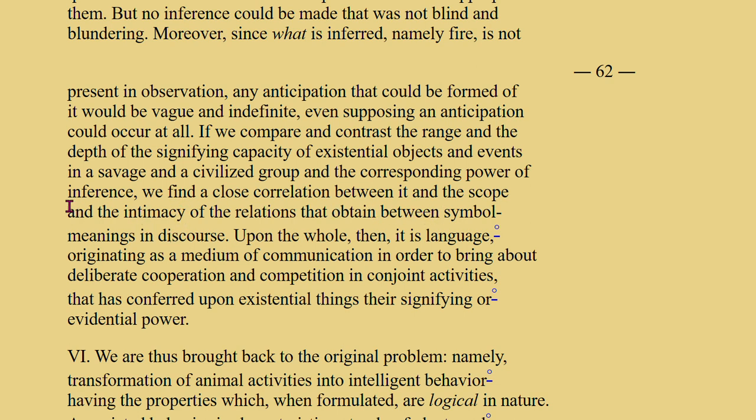So he's basically saying, I think, that if you had two groups, we don't need to think about one of them as savage and one as civilized, but let's take two groups. One has a better developed, more complex language, with a greater amount and complexity of relations among symbols, and another group has a simpler language. He's saying that the group with the more complex, more developed language would have a better range of inferences at its disposal.